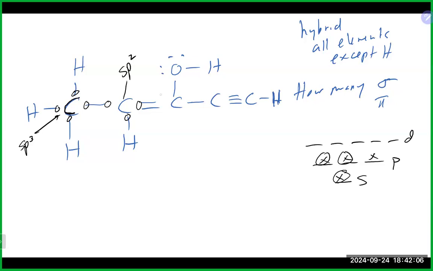Coming to the next carbon, the double bond counts as 1, so 1, 2, 3. That is also going to be sp2 hybridized. Coming to the carbon next to it, that counts as 1 electron pair, and the triple bond counts as only 1 electron pair, so that is 2.